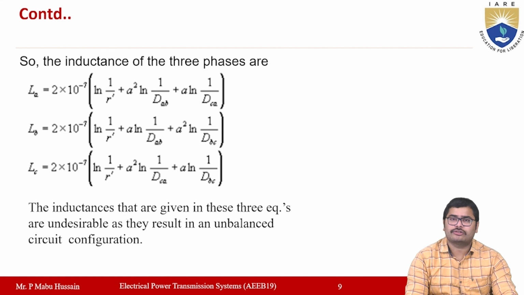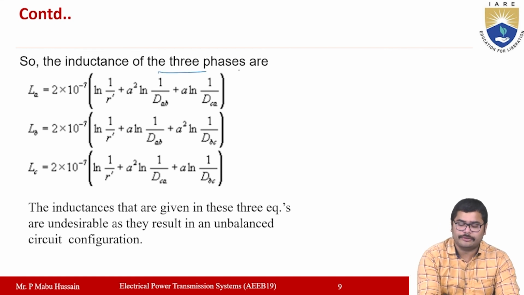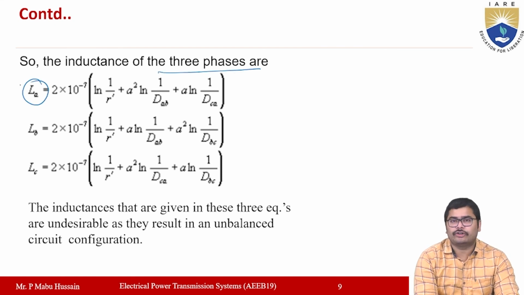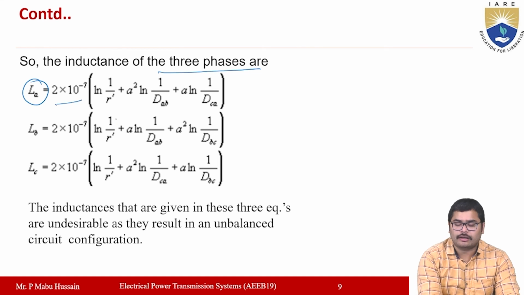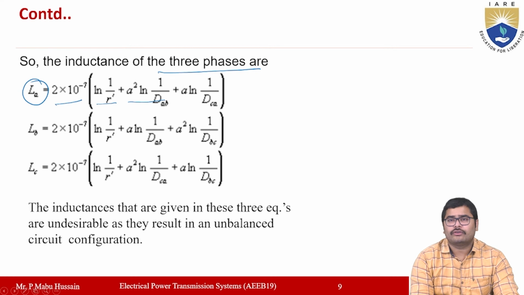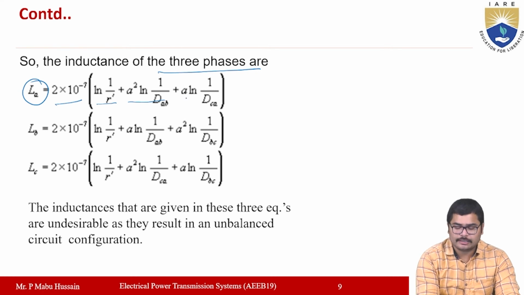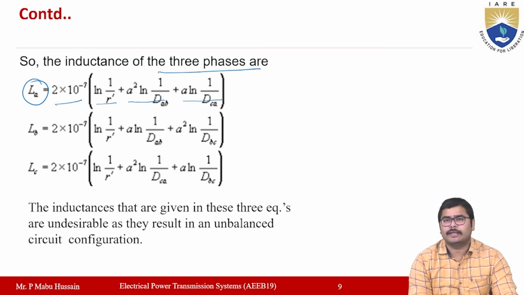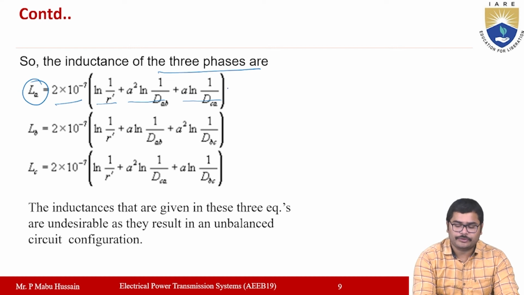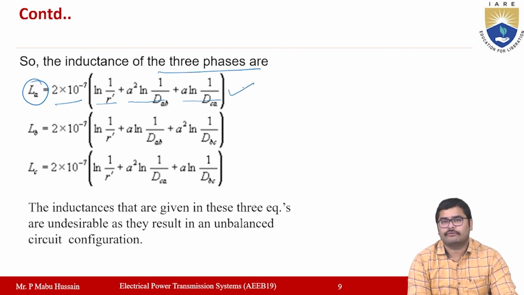Then the final values of inductances for all three phases will be: LA is equal to 2 into 10 power minus 7 ln 1 by r dash plus a square into ln 1 by dab plus a into ln 1 by dca. So this is the inductance of phase A.